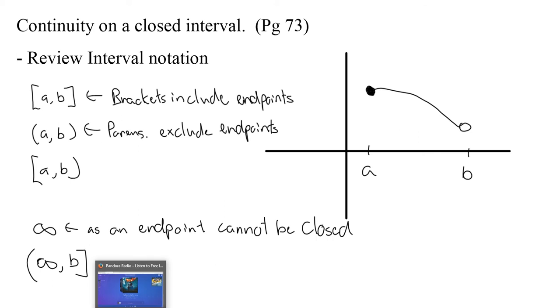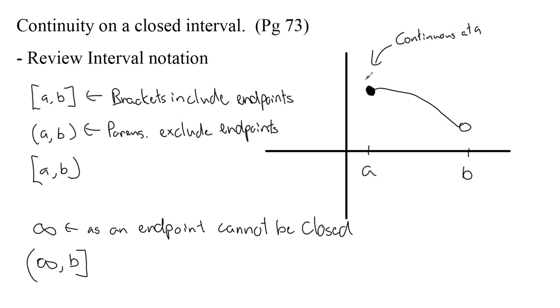All right, and let's see here. Oh, before I get into it, yeah, continuity in a closed interval, and again, if you read this in the book, it defines it more specifically, but you can talk about continuity on this interval. So this thing can be continuous at A because it exists.